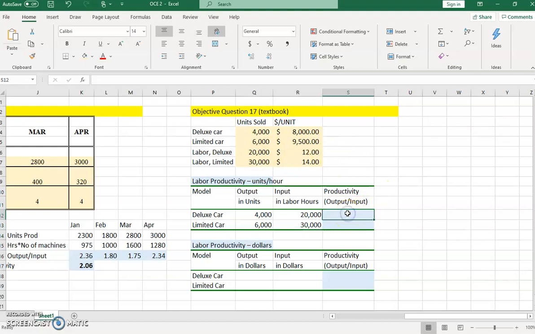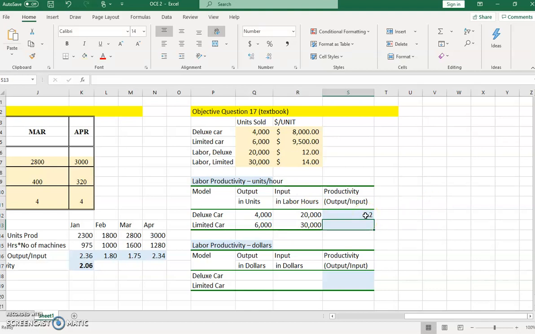So the labor productivity, this is a partial productivity, there's only labor here, so basically it's partial in a way. The partial productivity of a deluxe car is going to be equal to output, which is 4,000, divided by the input, which is 20,000, which comes to 0.2.